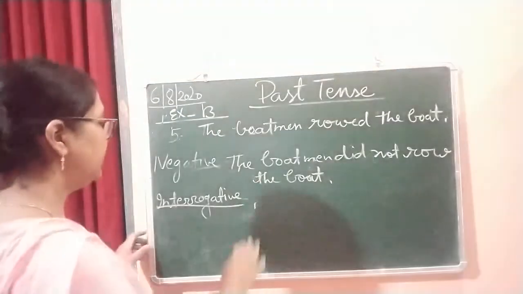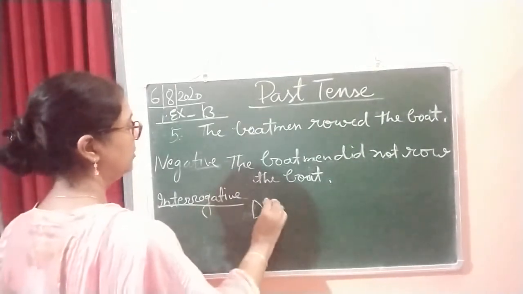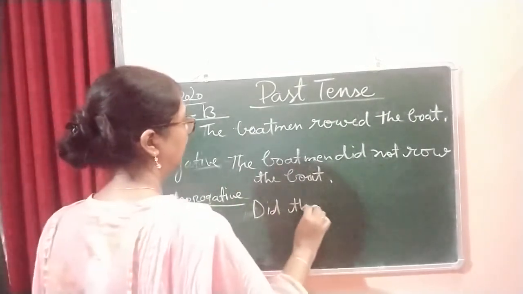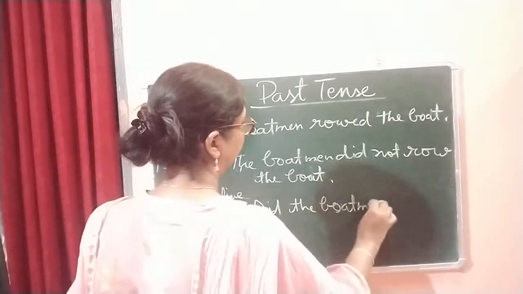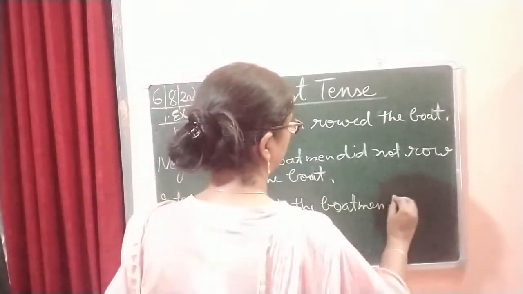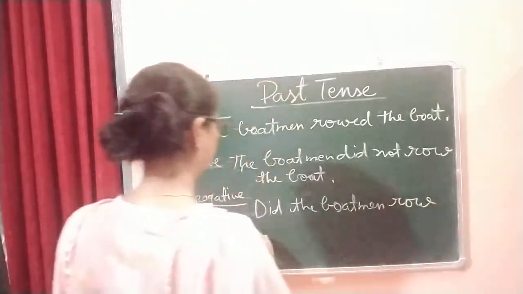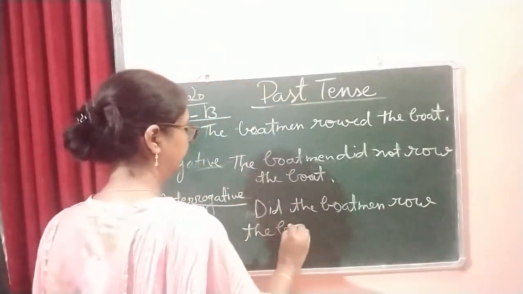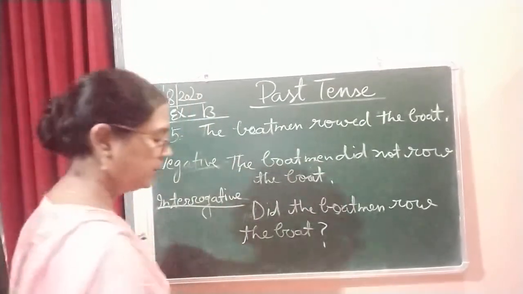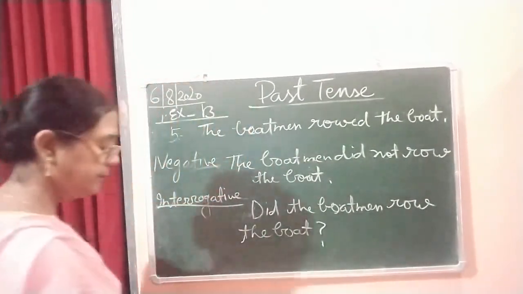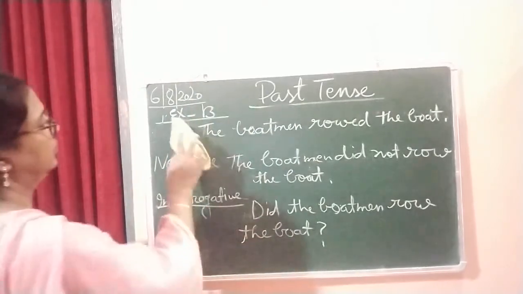Now, interrogative, did the boatman row the boat? Question mark. Now we are moving to 6th number.